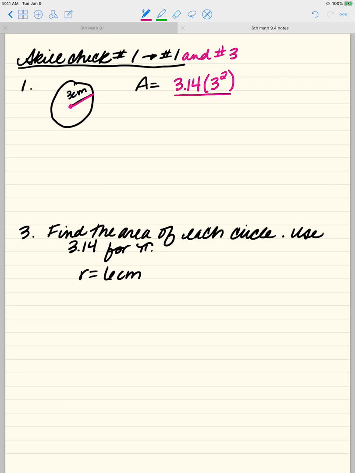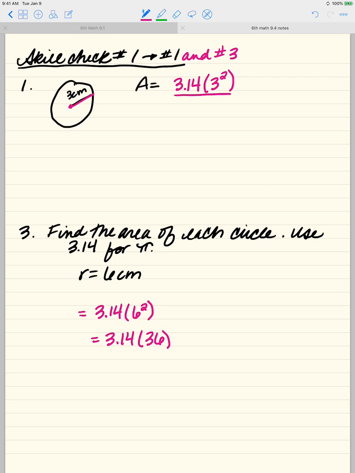Box skill check number 1, number 3 says find the area of the circle and use 3.14 for pi. So we're given a radius of 6 centimeters. Plug into your formula. What is pi? 3.14. What is our radius? It is 6 squared. That is equal to 3.14 times 6 squared. 6 times 6 is 36.